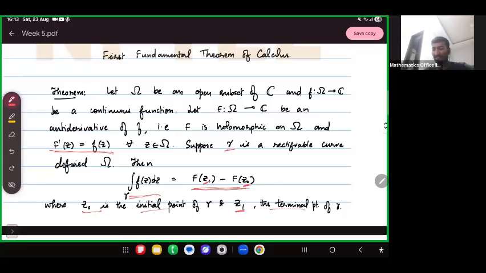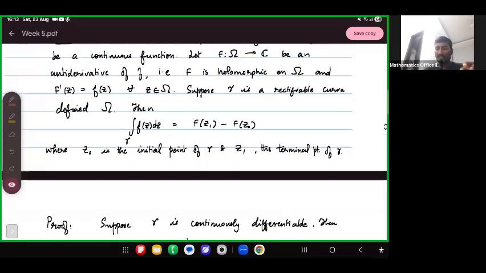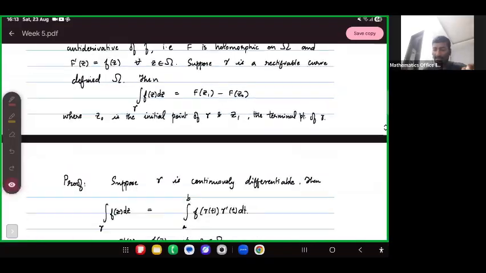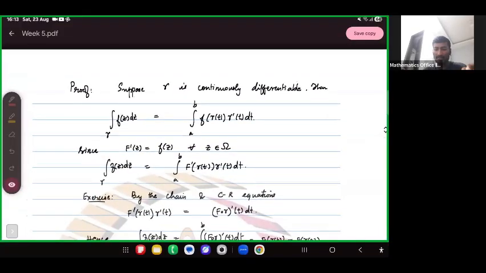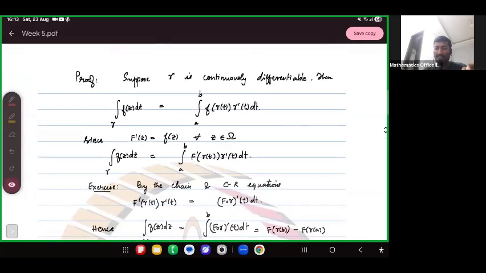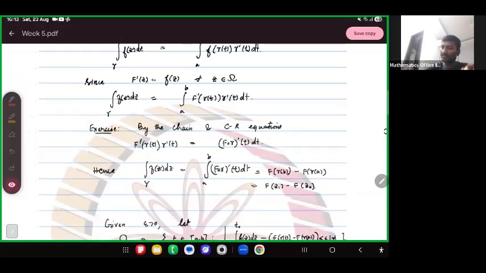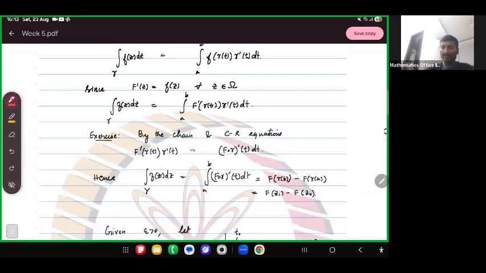Okay, so the proof is, I think, not that obvious, but in this case it is clear. We are just using this part, this exercise.